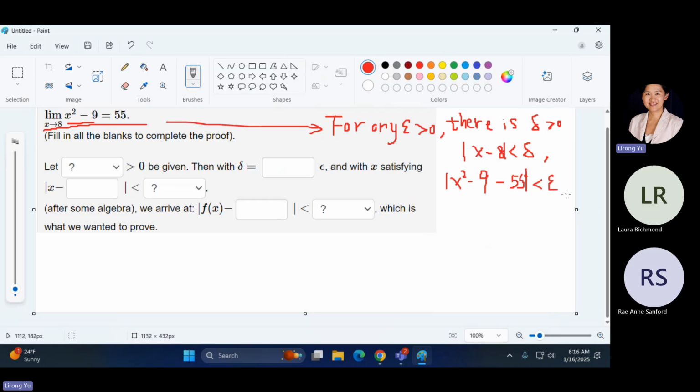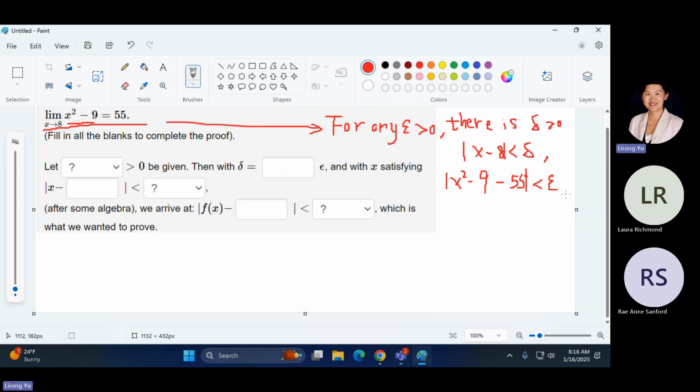So epsilon is how we measure the distance between the intended limit, which is 55, and the function. The function x squared minus 9 minus 55 is the distance between the function and the limit value. We're saying this distance is smaller than epsilon by making x closer to 8. All right, so that's the definition.